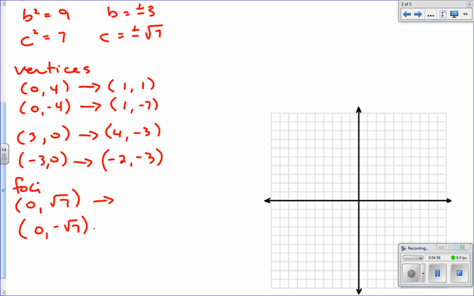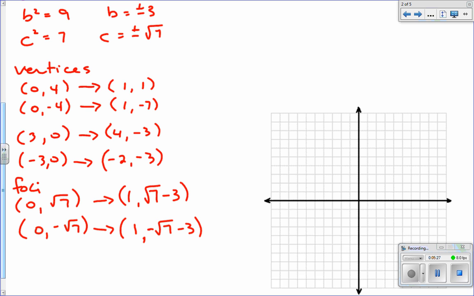And we'll also use the mapping rule for those, so we'll get (1, root 7 minus 3) as one of the foci, and the other will be (1, negative root 7 minus 3). Sorry, I didn't write that correctly.